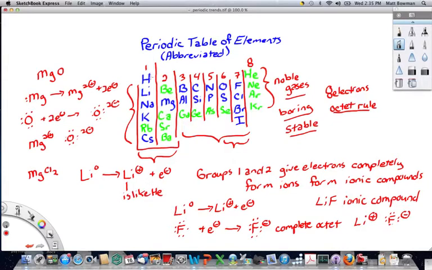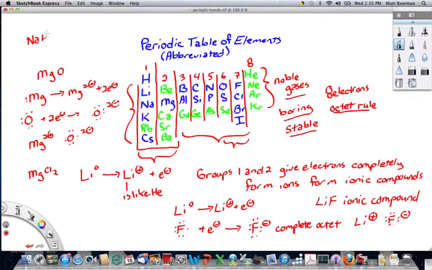Okay. Hydrogen is somewhat special. Notice, hydrogen, if it loses its electron, it has no electrons. It doesn't have a complete octet at all. But if it gains an electron, it becomes like helium. And so hydrogen's a little on the special side.